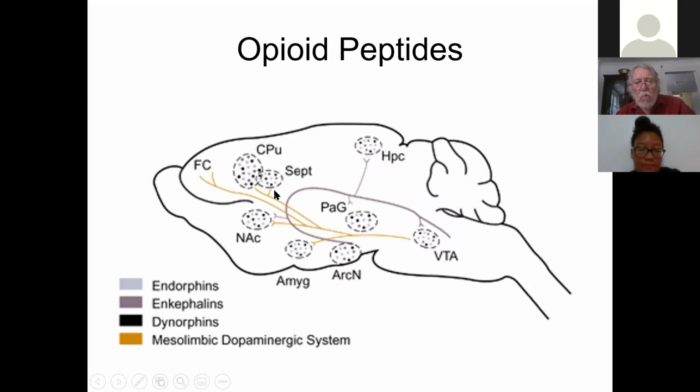We can also see opioid peptides in the accumbens, in the septum, in the amygdala. The one area where we see a rather large and long pathway emanates from the arcuate nucleus of the hypothalamus.